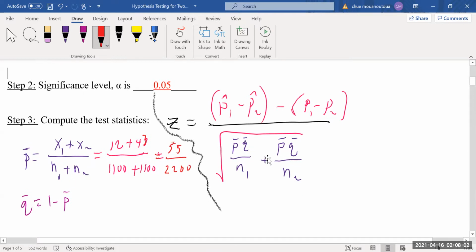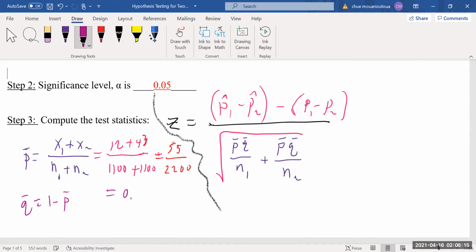Now, if I take 55 divided by 2200, I will get P bar to be 0.025. Okay, so that's the P bar.